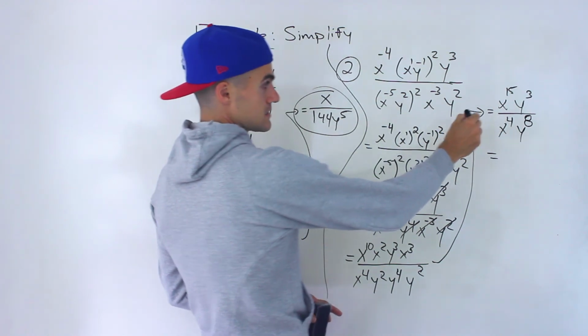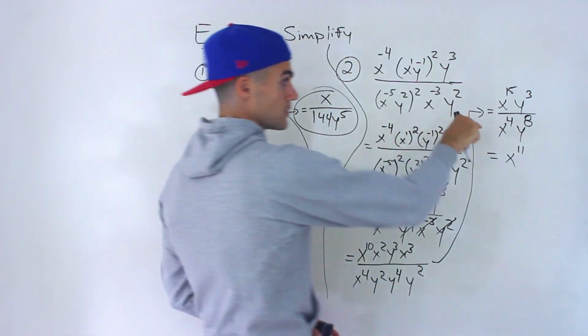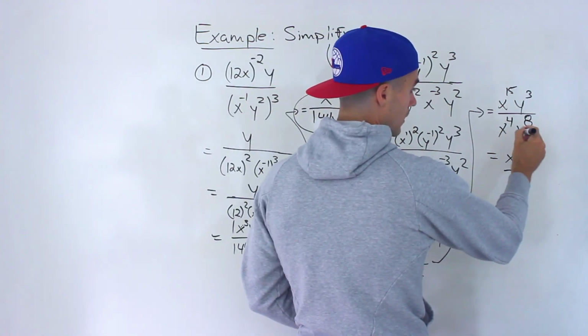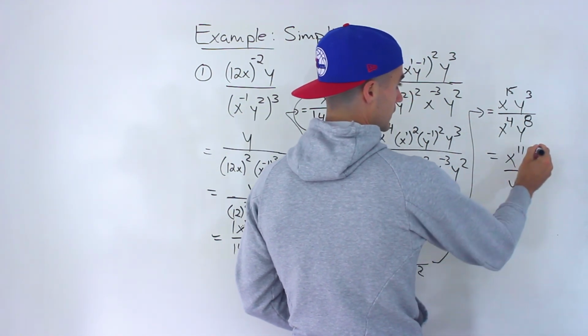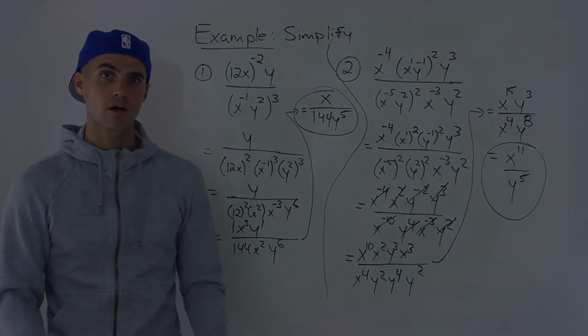And then the x's, those would simplify to 11, right? 15 minus 4 is 11, and then 3 minus 8 is negative 5, or there are 5 y's left at the bottom, like that. So x to the 11 over y to the power of positive 5 is the final answer.